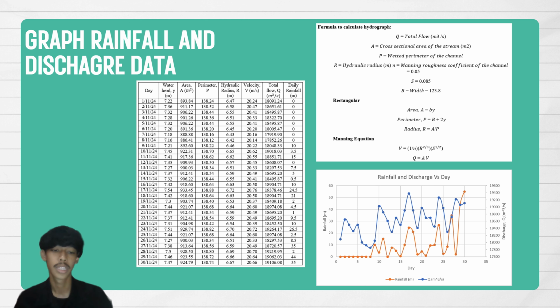For the first area, 893.84 multiplied by velocity for the first column, 20.24, and then you get 18,091.24. And then just using the same calculation for the next column and so on. Then I plot the graph of rainfall and discharge versus day in the same section, and then you get it.